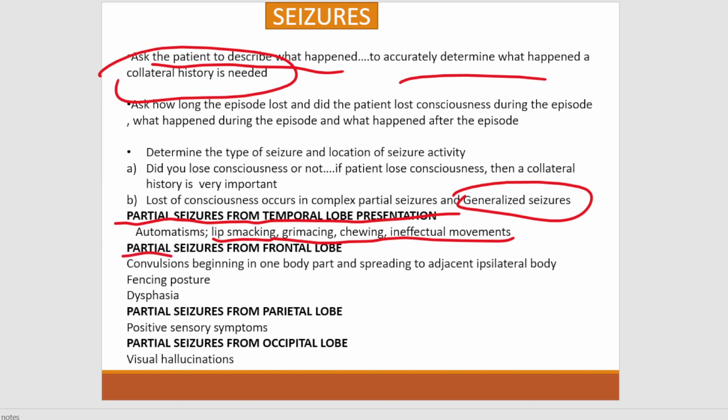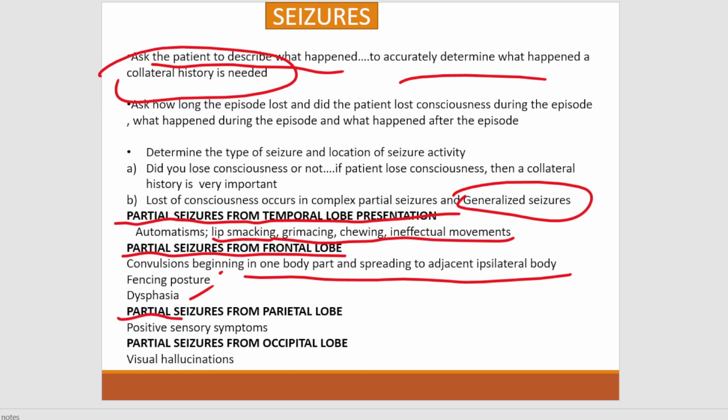If the partial seizure arises from the frontal lobe, usually the seizure starts in one part of the body and spreads to the ipsilateral body. The patient may have some fencing posture. The patient may have problems with talking. That means the seizure has arisen from the frontal lobe.